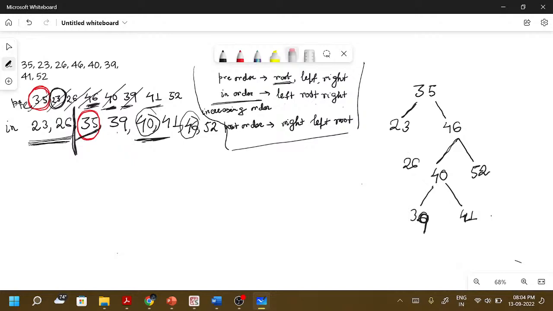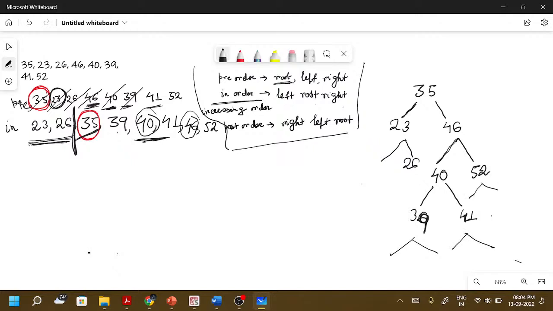We'll have to make the tree similar, wherever there is a leaf missing we'll add a leaf. So here is a leaf, here are two leaves, here are two leaves, here are two leaves.